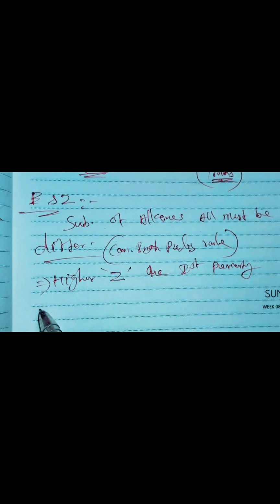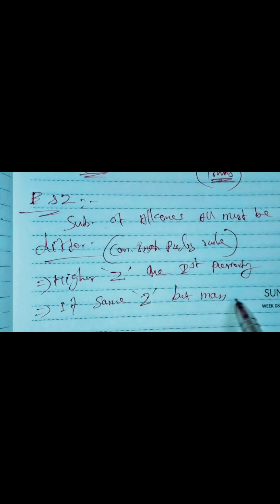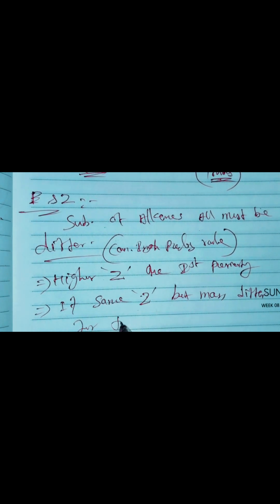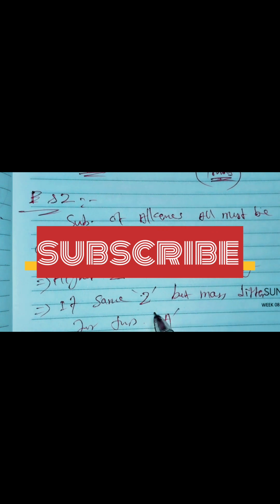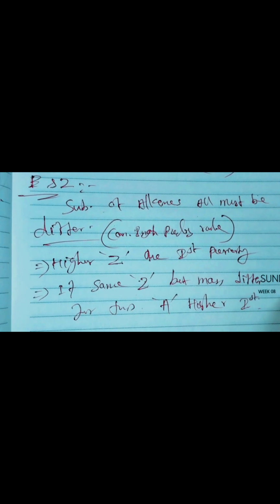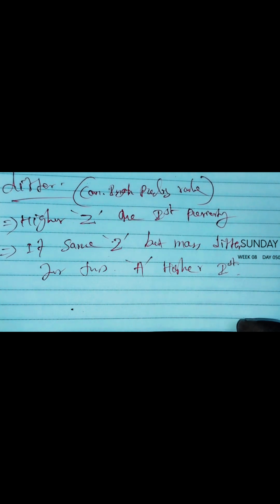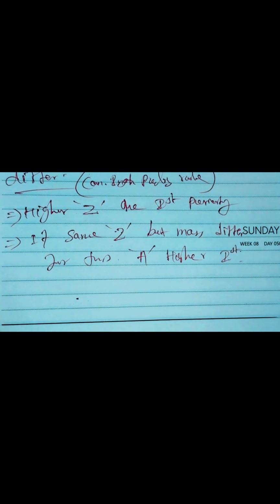If the atoms have the same atomic number but the mass differs, the one with the higher mass number gets the first priority. First of all, we just look at the atomic number, whether one substituent has a higher atomic number compared to the others; that gets first priority for numbering.